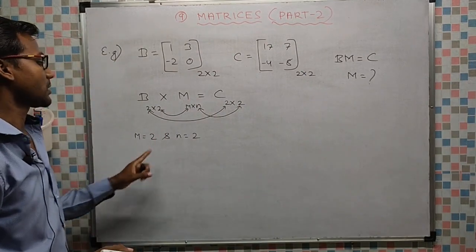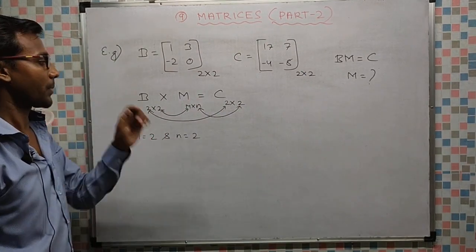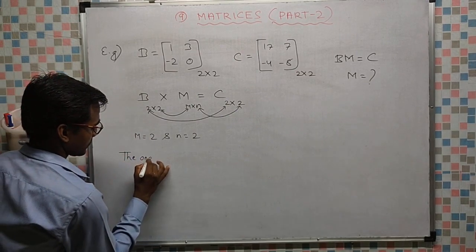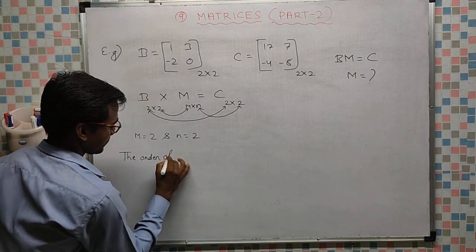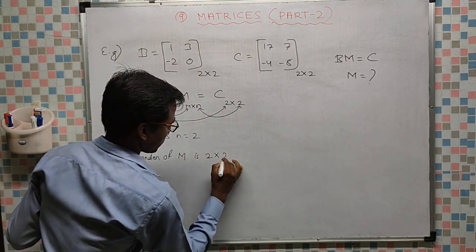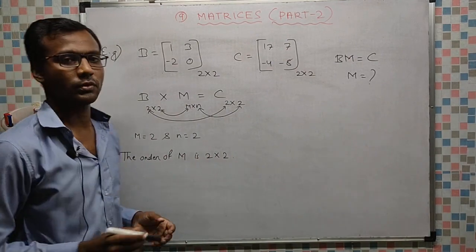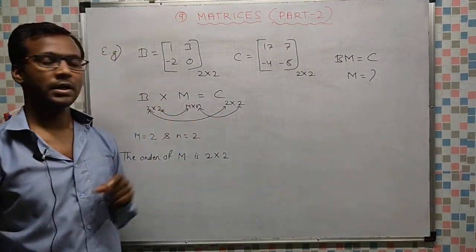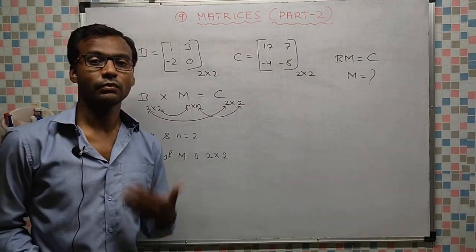So the order of M is 2 by 2. That means it will have 4 elements, 2 into 2 is 4. So the matrix M has 4 elements which we don't know.